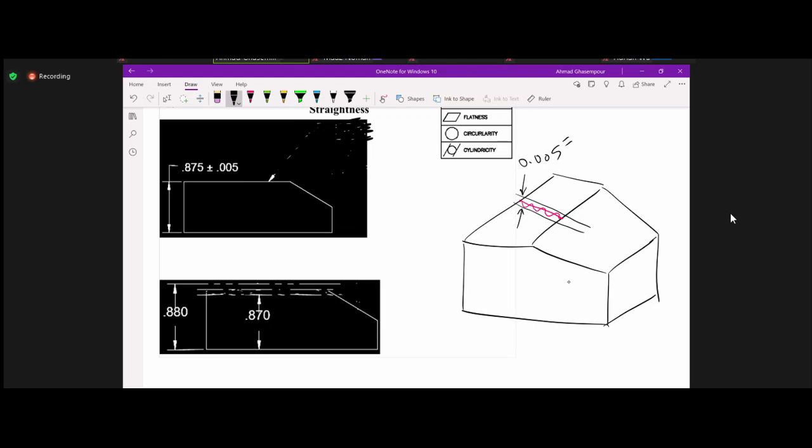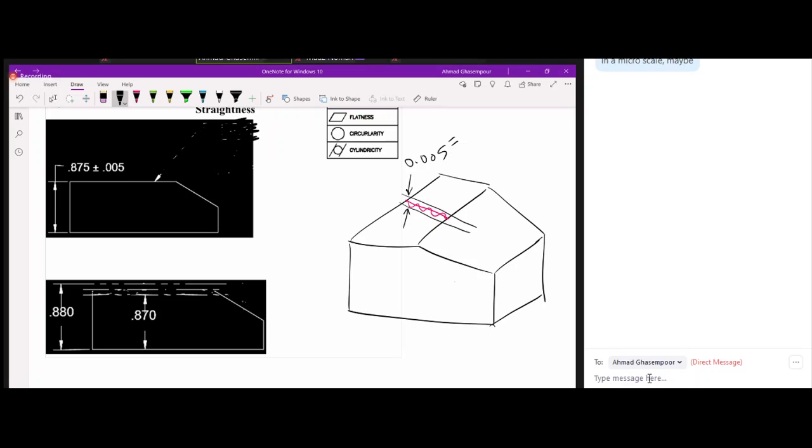Or is there any limit to it? Go ahead. I don't know what your first name is. Would it be the tolerance of 0.005 for the other dimension? Yeah, so exactly. So it will be controlled exactly right.